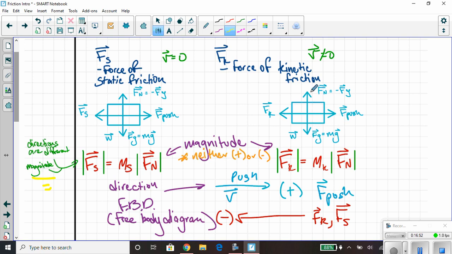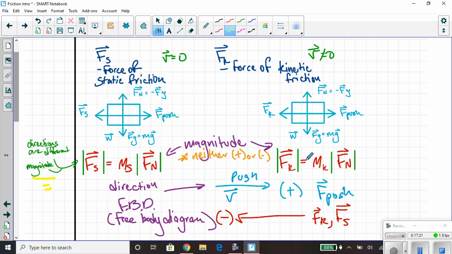There's the normal force, which is equal in magnitude but opposite in direction to the force of gravity. There is the weight, or the force of gravity on the object, which is equal to the mass of the object times the gravitational field strength near the surface of the Earth, negative 9.8 newtons per kilogram. And now there's another frictional force working against my pushing. It's the force of kinetic friction, since the object is moving.